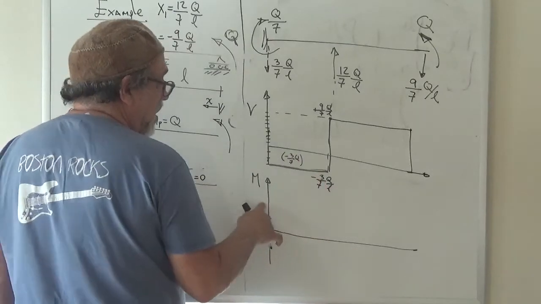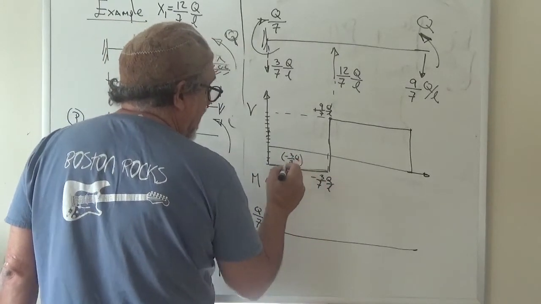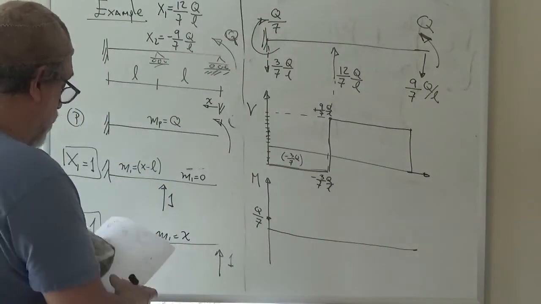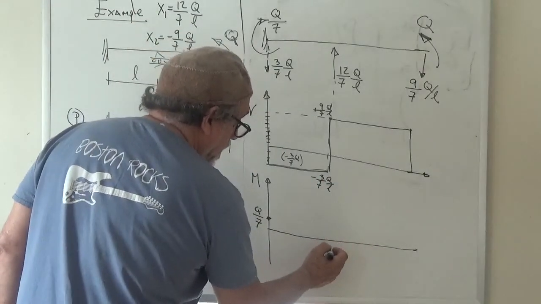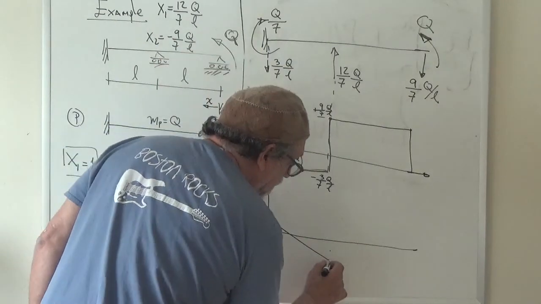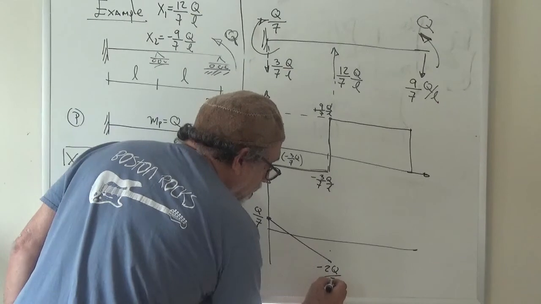So since we were at Q over 7 plus, and we subtracted 3/7, we must have -2/7, right? So at this point here, we have 1 and 2. And so here we are at minus 2Q over 7.